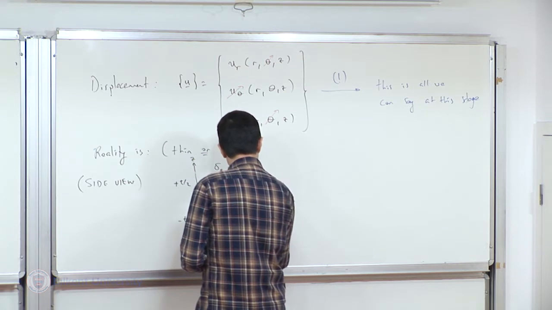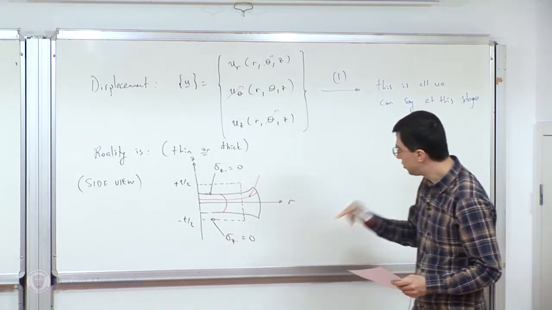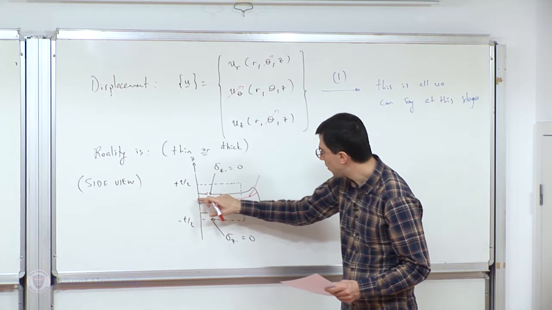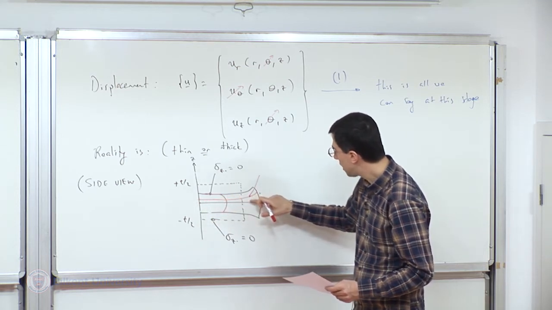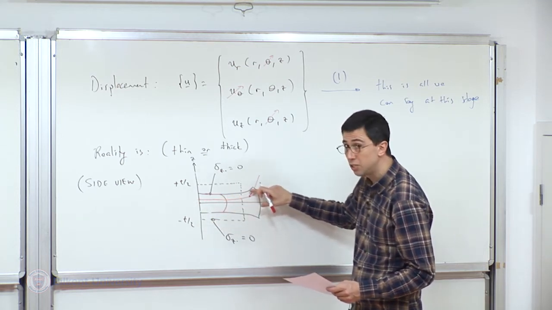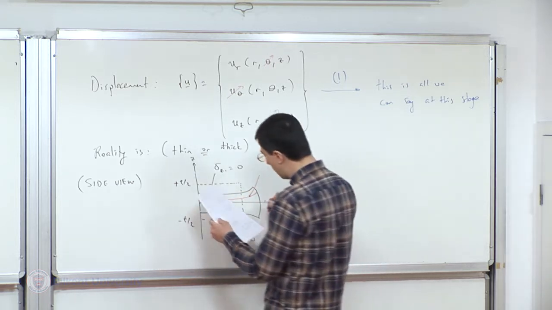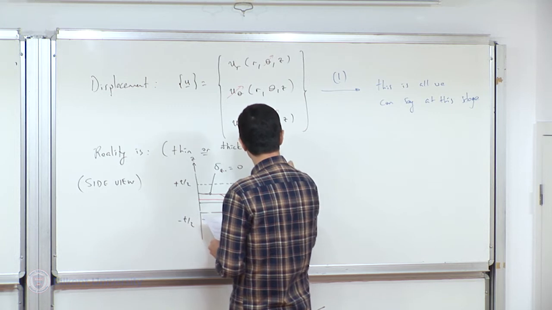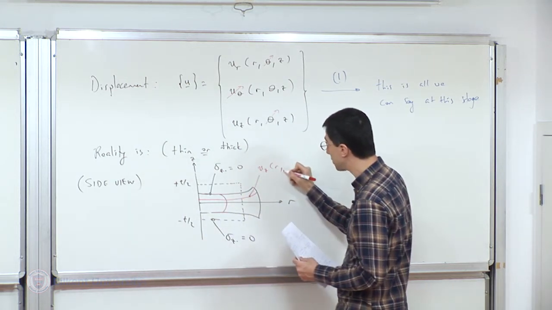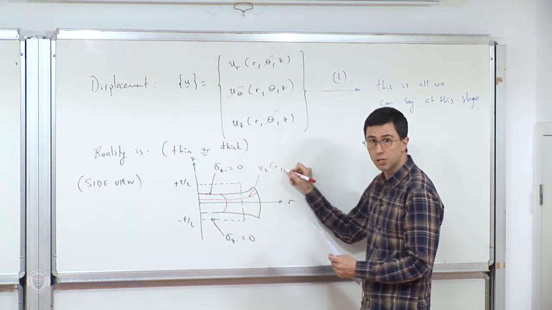So now our second observation is that as I go in the radial direction, the amount of displacement in the z direction changes because this red line is curving up. Again, we're going to observe this. So which means that uz does depend on the radial direction. It also depends on the z direction, right?